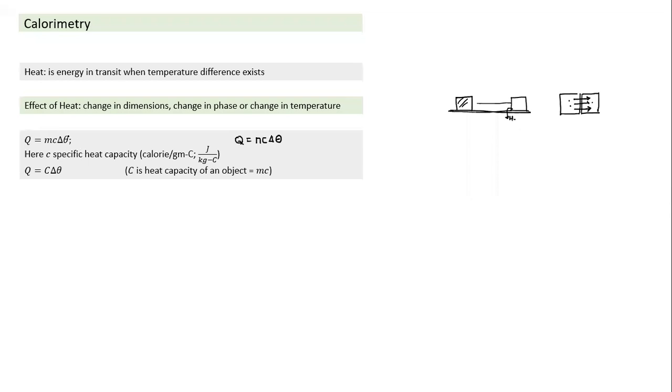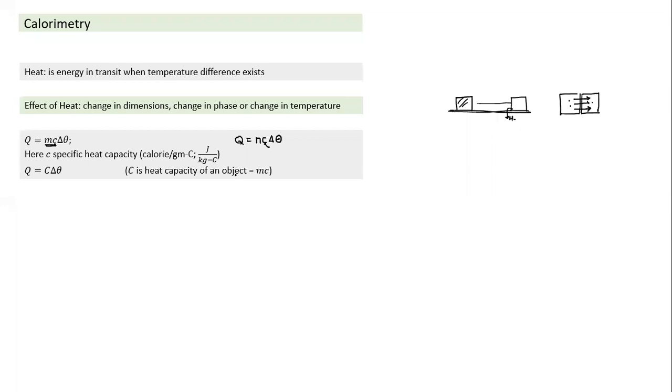Always keep in mind, we'll use the terms delta theta and delta T interchangeably. This is molar heat capacity. The one is specific heat capacity, which is per unit mass. This is per unit mole. And when we multiply m and c together, it is called heat capacity. Heat capacity of an object is equal to m into c.